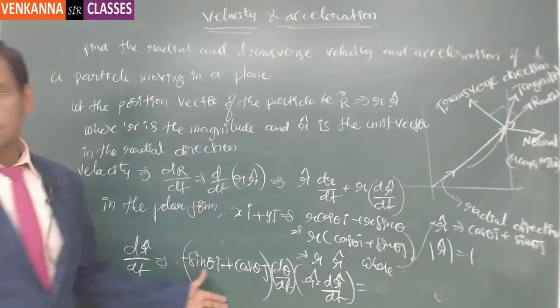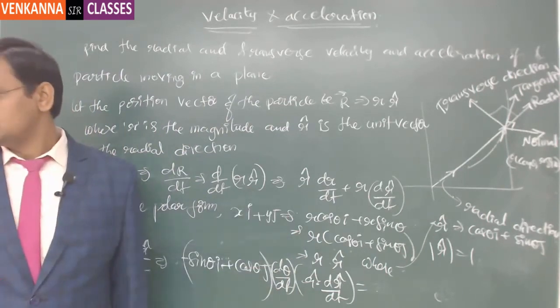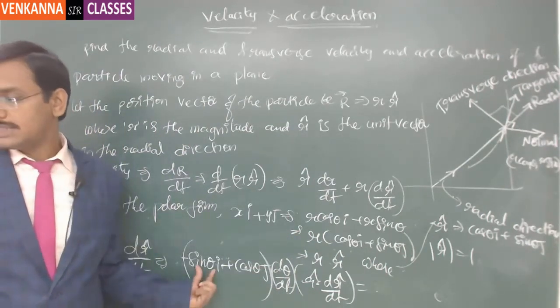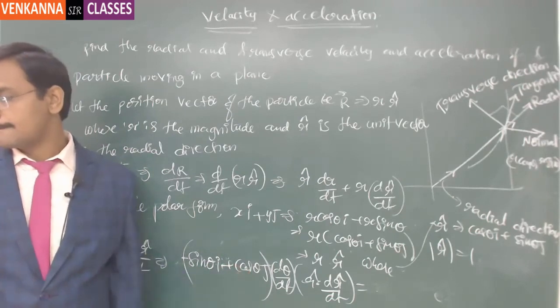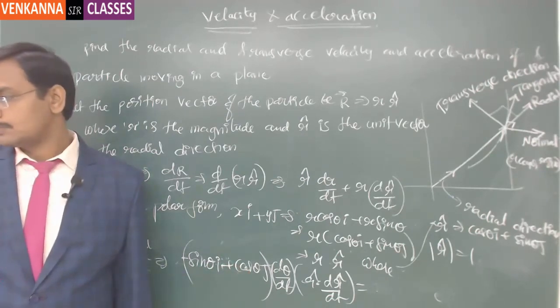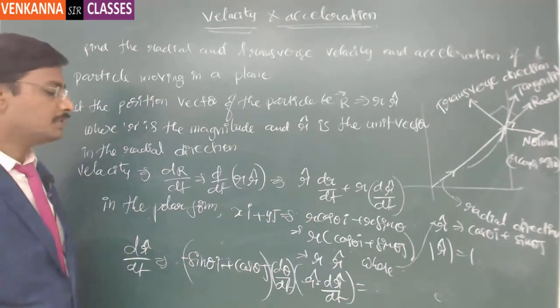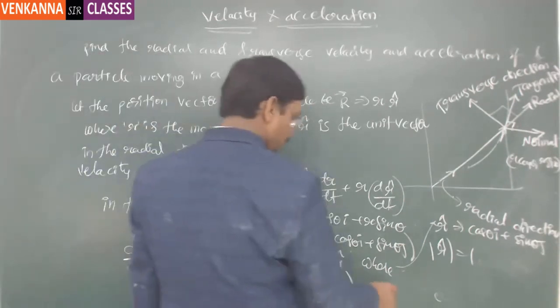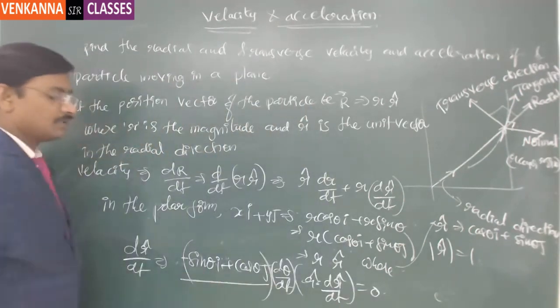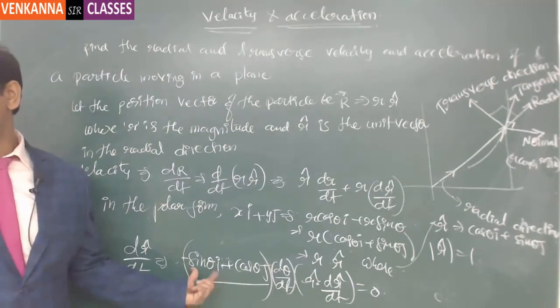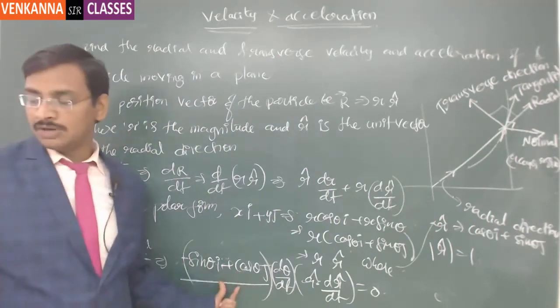What is the dot product of these two? It is coming out to be 0. Also, the magnitude of this is unit, since sin square theta plus cos square theta is coming out to be 1.